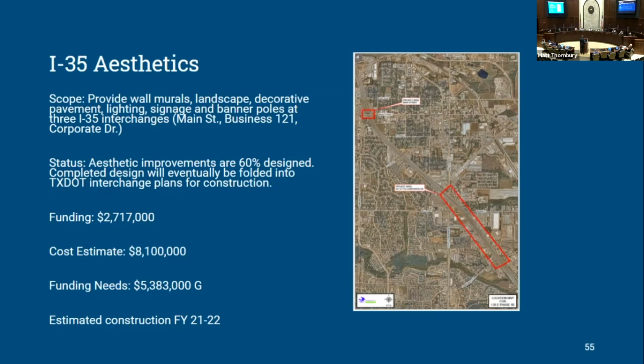We're quite a bit short on funding here, a little bit over $5 million. We've got a little bit of time, but once TxDOT gives us a funding agreement, they're going to have to pretty quickly execute that funding agreement. So we'll talk about that funding toward the end of the slide presentation.